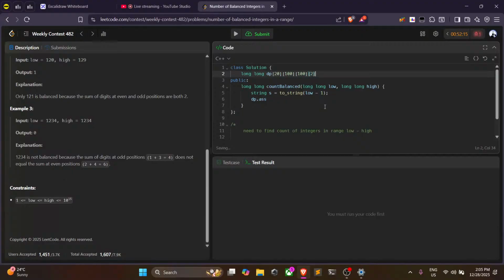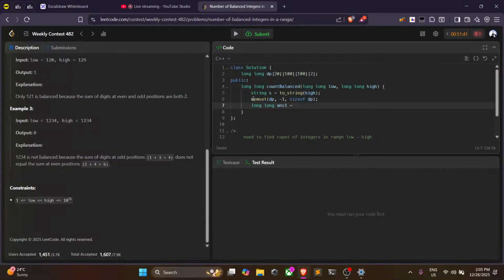Then we will have this for the tight bound. Instead of using assign, we should use memset dp minus 1, size of dp, and this should work. And then answer 1, and this is answer 2 basically. We should first calculate the high part.